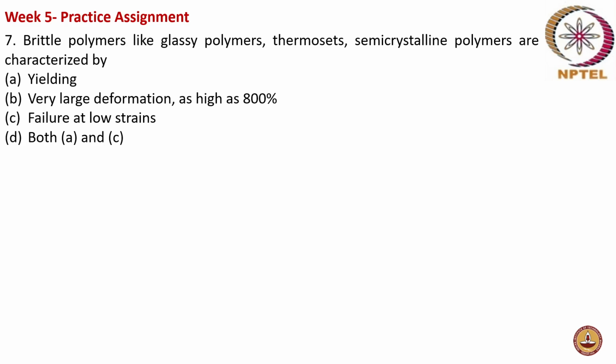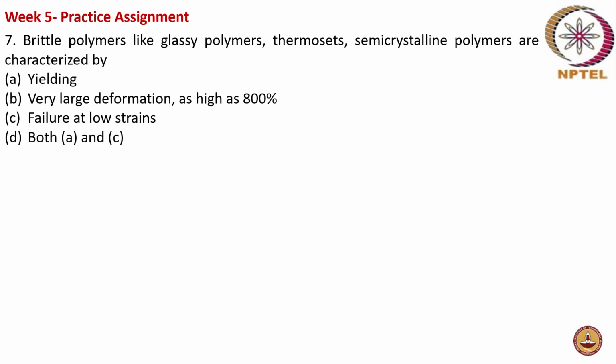Are you all agreeing with him? Or someone has any other view? No, I think it should be A because sometimes thermosets or thermoset polymers cannot get failure even at low strain. They have a very high strength as well. It may be brittle, but it doesn't mean that they will crack at a low strength.